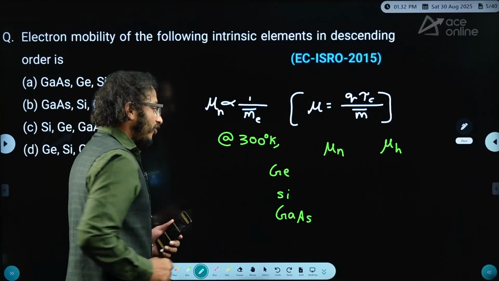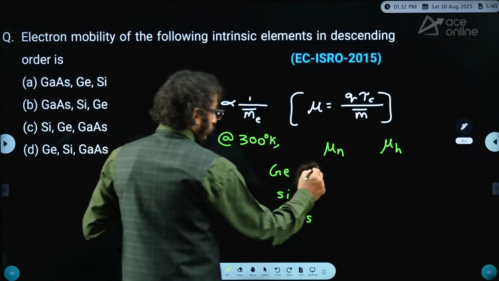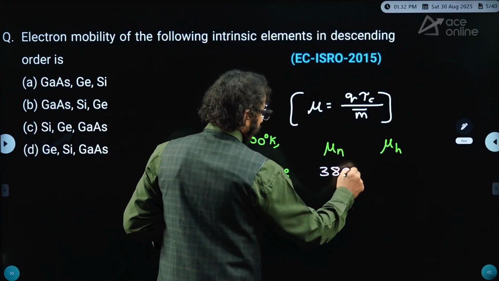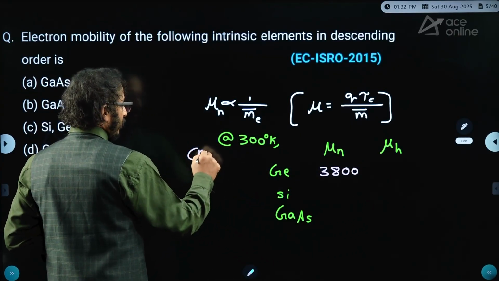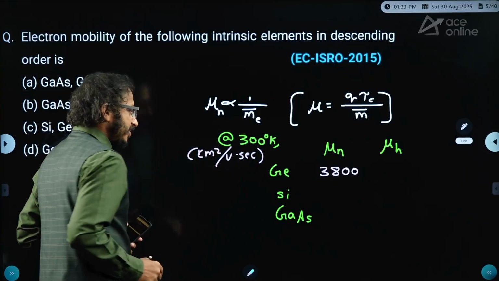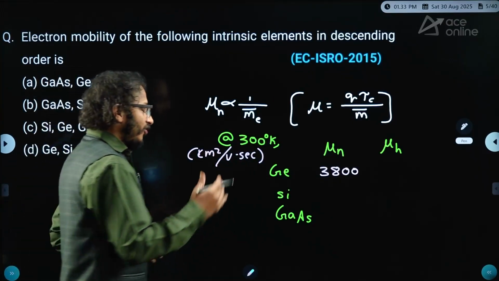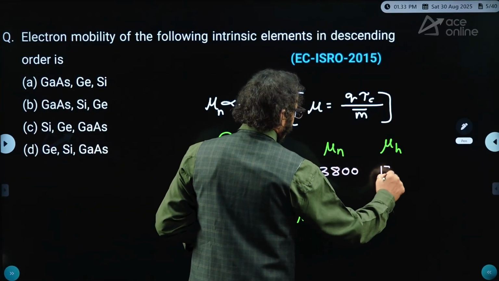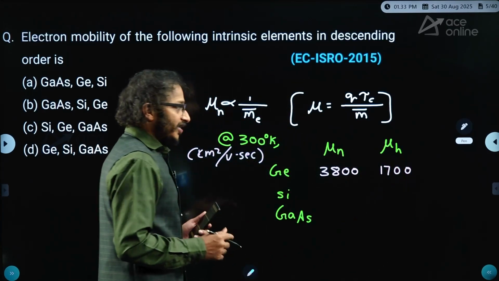For germanium, it is almost 3800, the units must be centimeter square per volt second. Around 3800 centimeter square per volt second. Similarly, for holes, it is almost 1700 centimeter square per volt second.